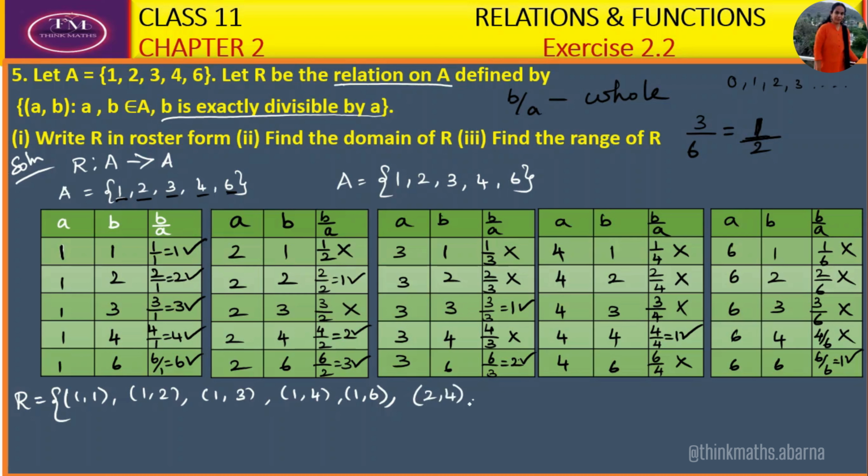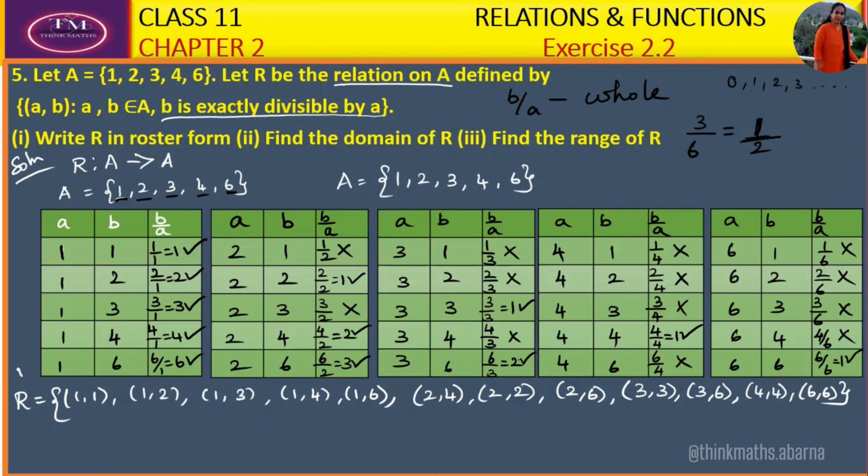I am writing the ordered pairs which got a tick. Next, in 3 it is only 3 comma 3 and 3 comma 6. Next, in 4 it is 4 comma 4 and in 6 it is 6 comma 6. So we wrote the ordered pairs which have a tick sign. This is the roster form for this relation.